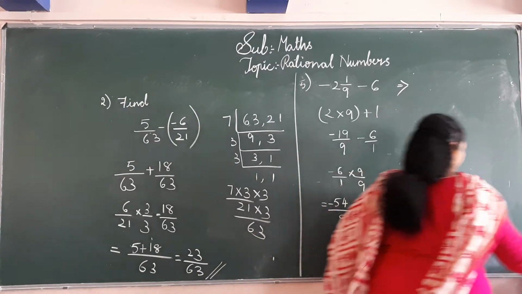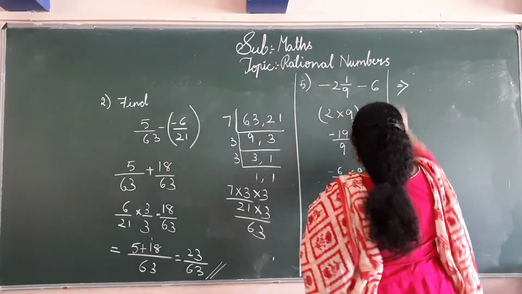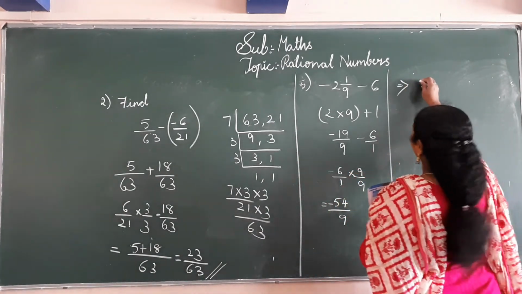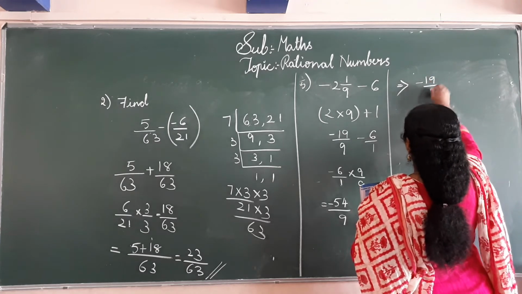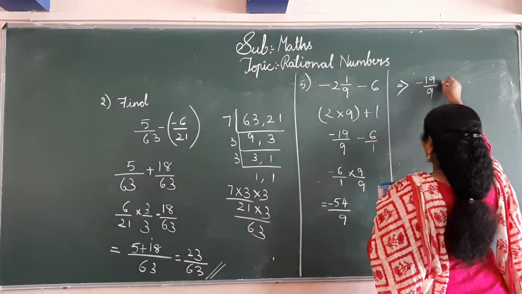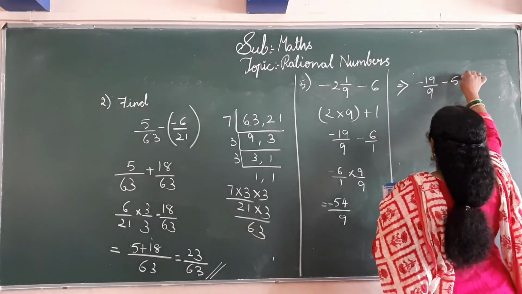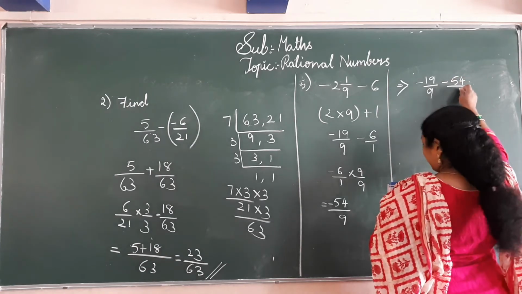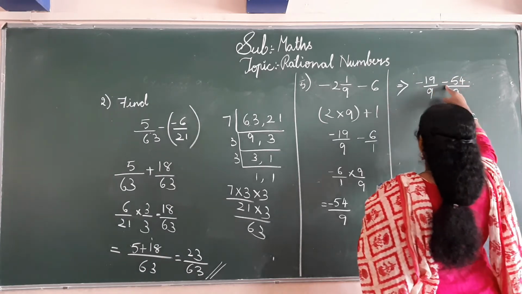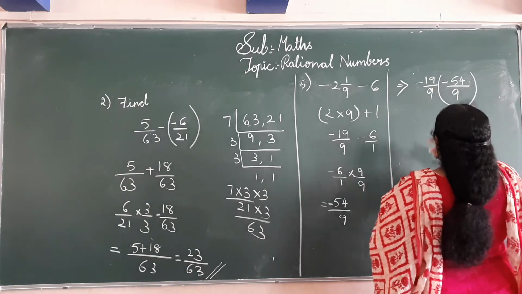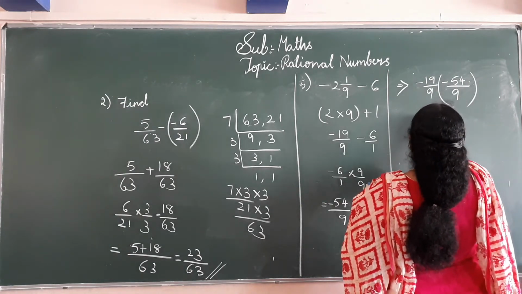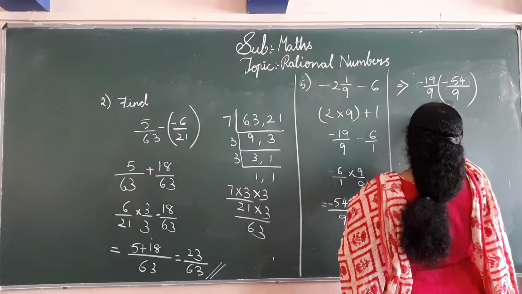Therefore it is minus 54 by 9. Minus 19 by 9 minus 54 by 9. Again minus into minus is plus, but we will write only the greater symbol, right?